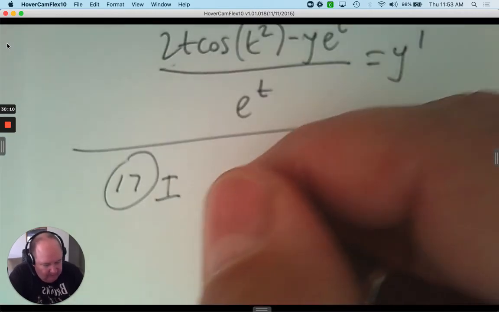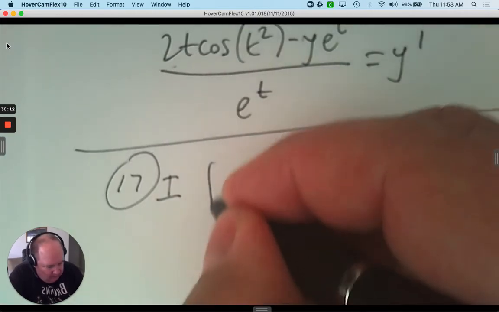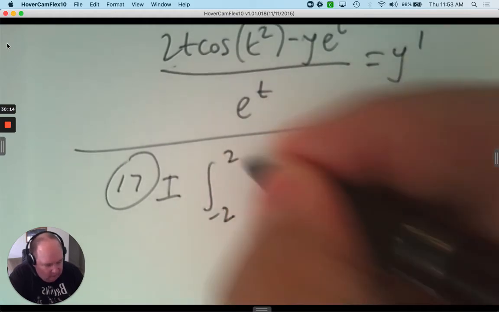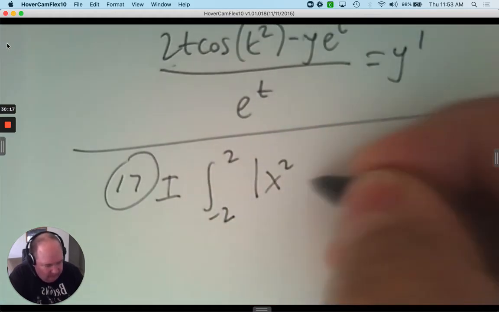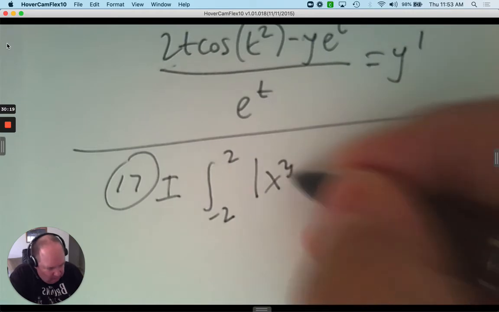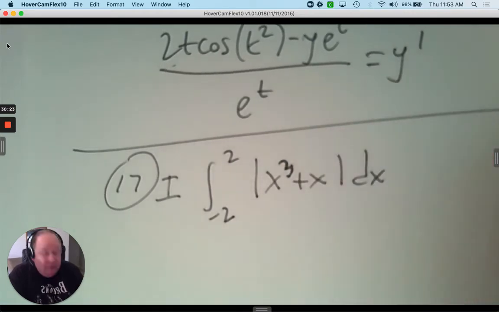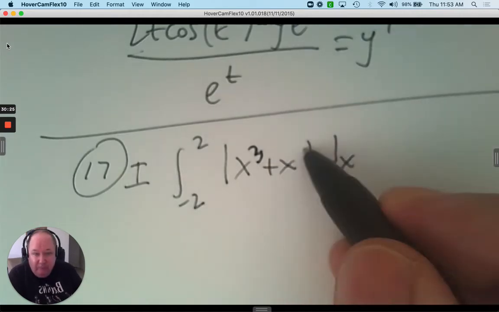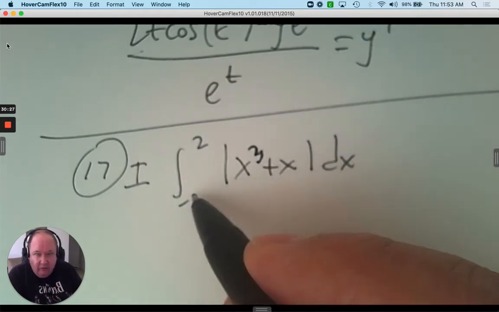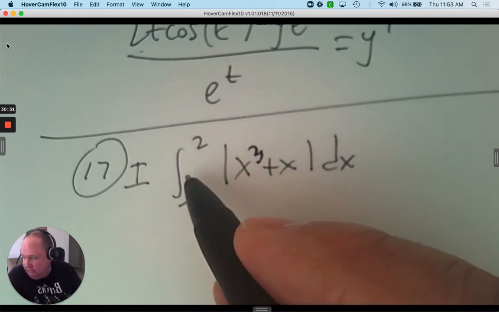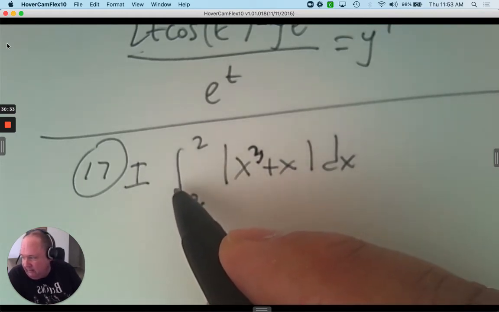Number 1, we're integrating from -2 to 2 the absolute value of x cubed plus x. Now the first thing I know is this is an odd function. Both exponents are odd. So if it's an odd function around the origin from -2 to +2, then when you integrate, you just have to think through what that answer might be.